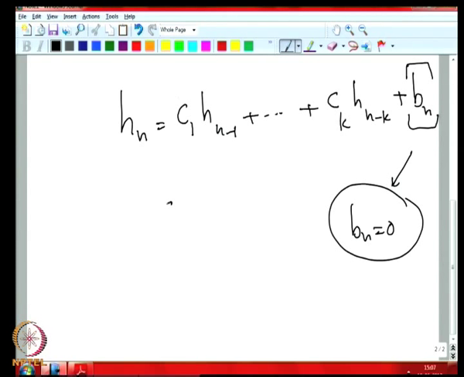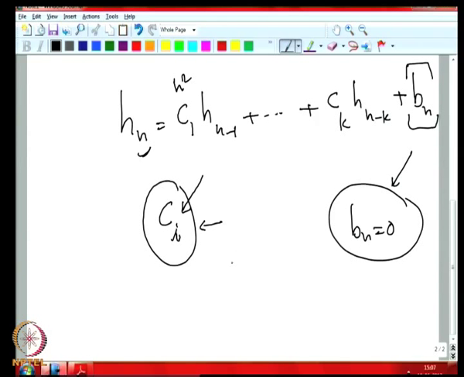Then note that the c i's, the coefficients of these h i's, can be constant. If they are constant, then we say that this is a linear homogeneous recurrence relation with constant coefficients, but in general it need not be. It can be a function of n, for instance n square times h n minus 1.